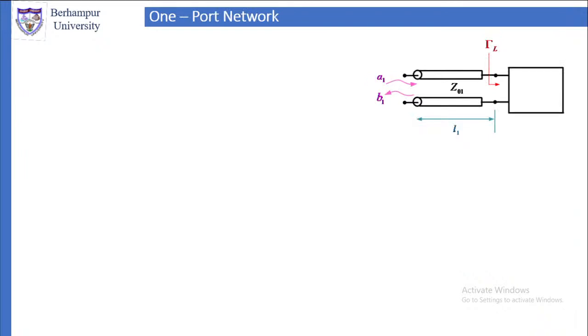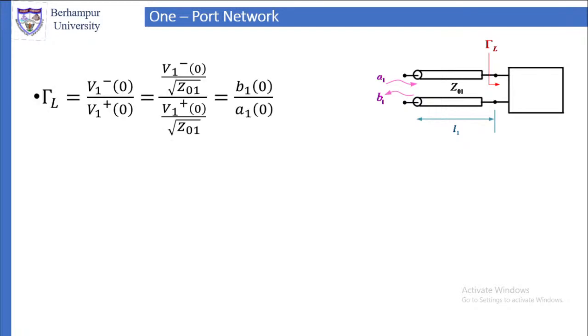So let us start with a one-port network. This is a one-port network where to the far port a transmission line of section L1 is connected. Gamma L, the reflection coefficient, is by definition Vi minus by Vi plus.